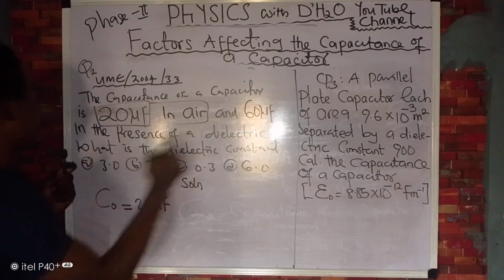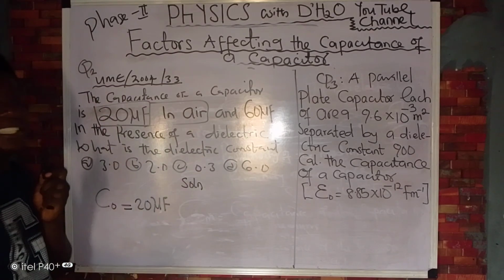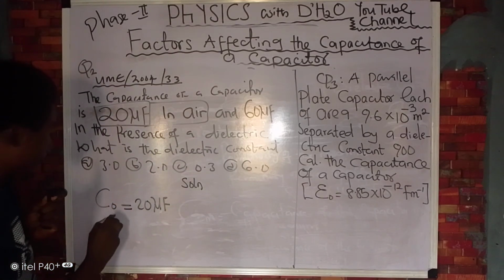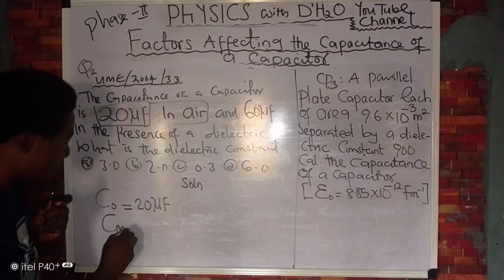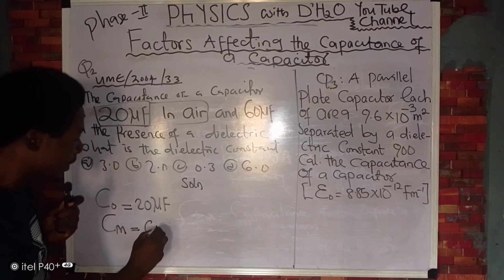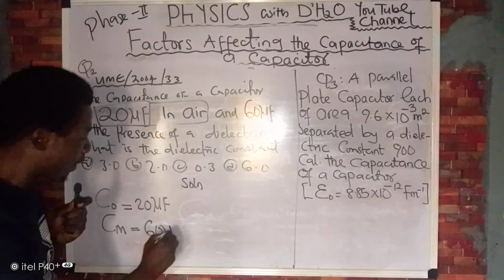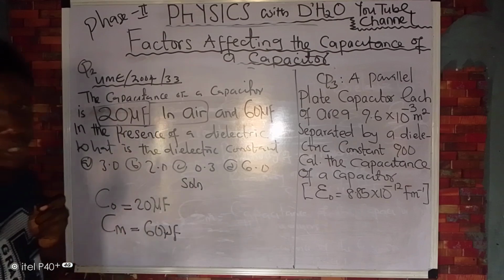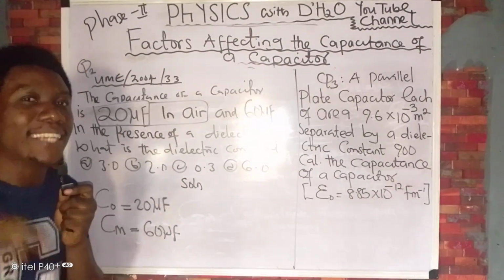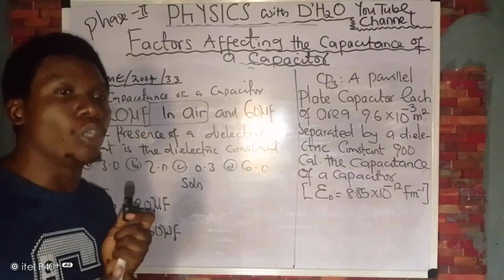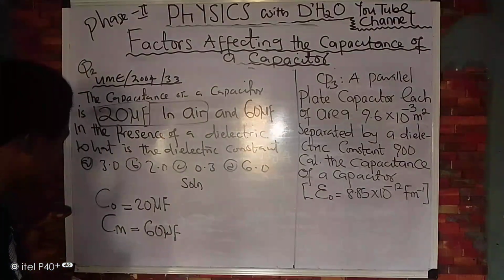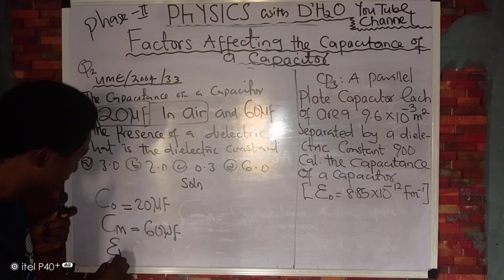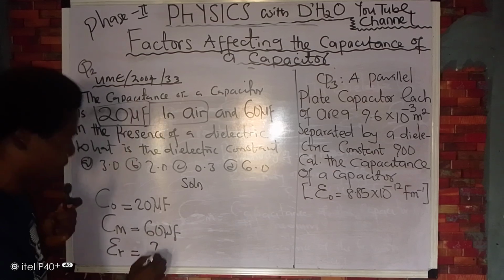And 60 microfarad in the presence of a dielectric, which means the capacitance in a medium is 60 microfarad. Now, what is the dielectric constant? Remember I told you that the dielectric constant is also called relative permittivity. So relative permittivity is what we are looking for.